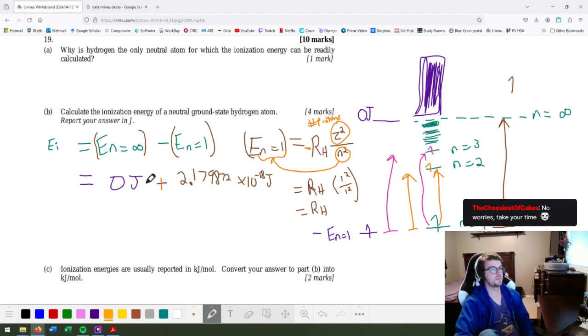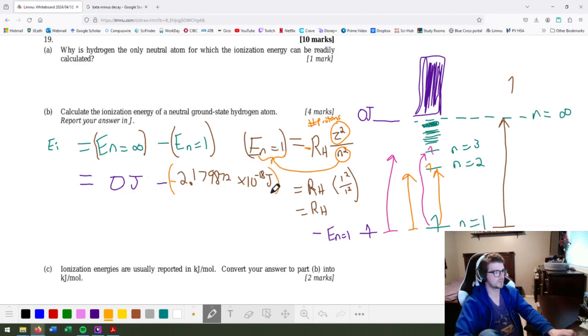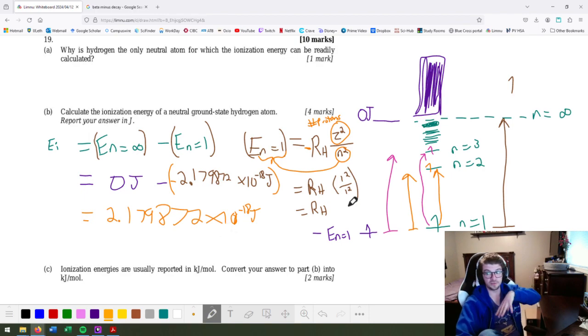So this would be minus negative 2.179872 times 10 to the minus 18 joules. That is, if you can read that, well done. Okay, so this is how you'd calculate the ionization energy of the ground state hydrogen atom.